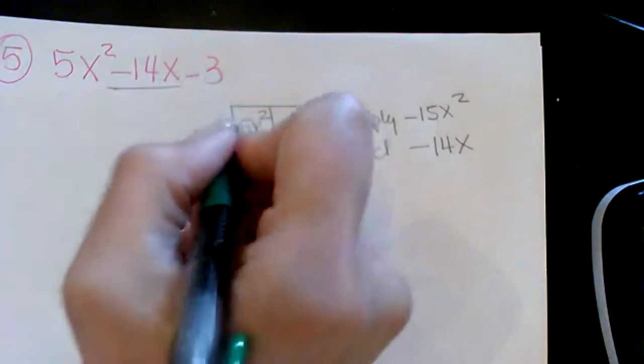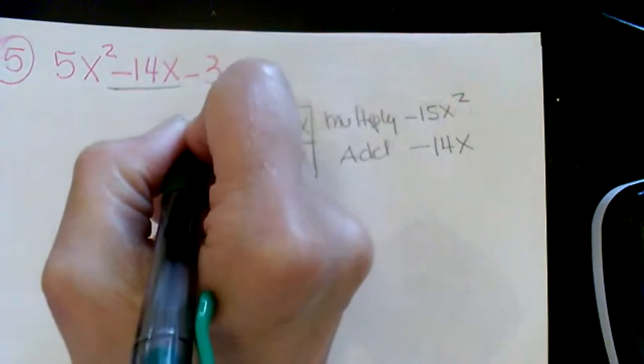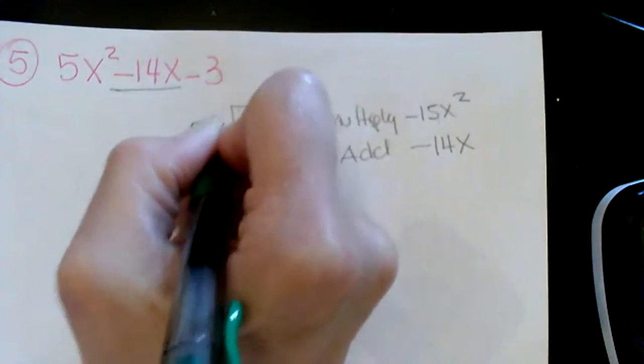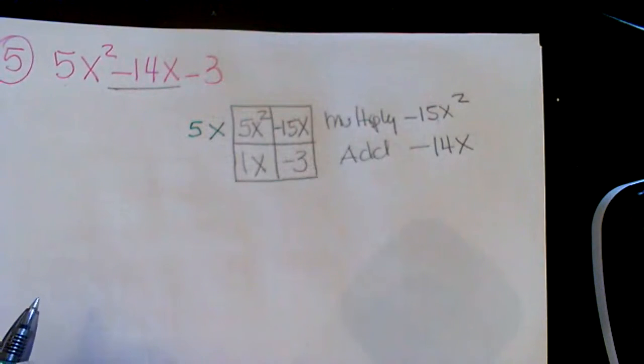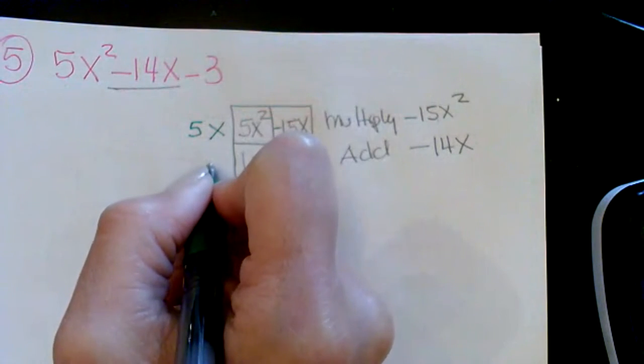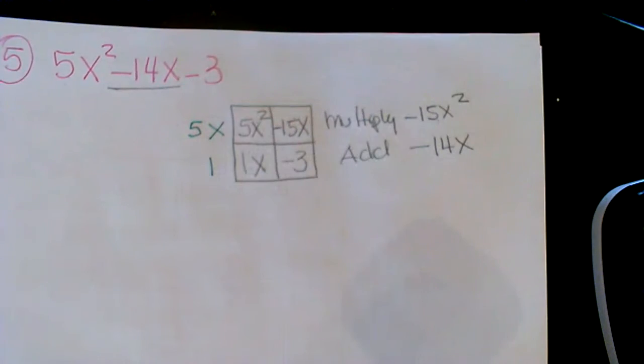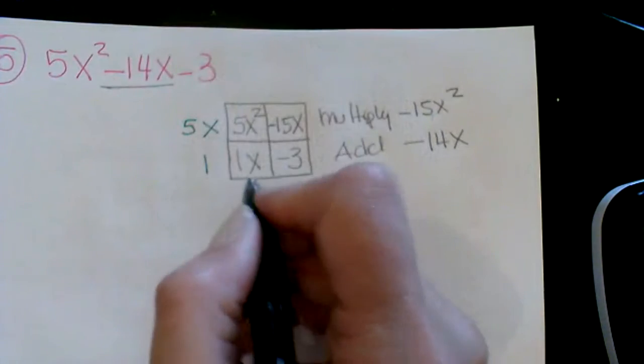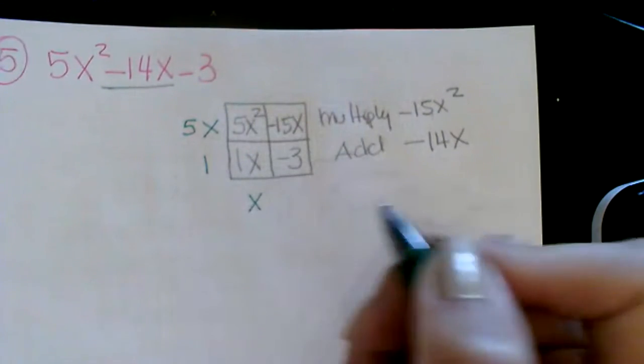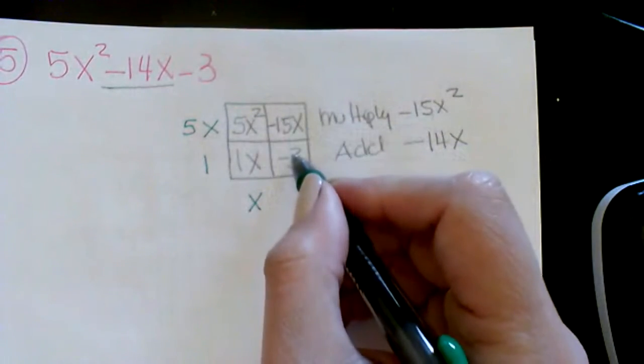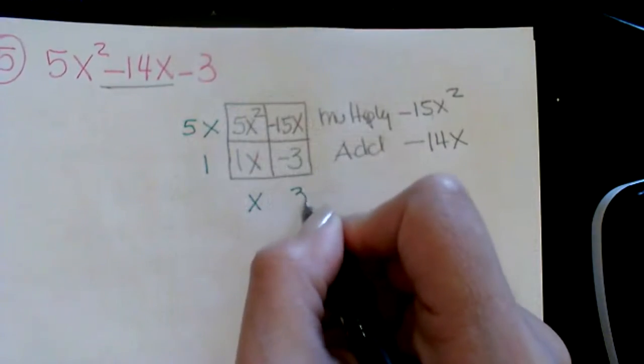Now, let's factor here. This is going to be 5x. And this one is going to be 1. Let's factor the column. It is going to be x. And this one is going to be 3.